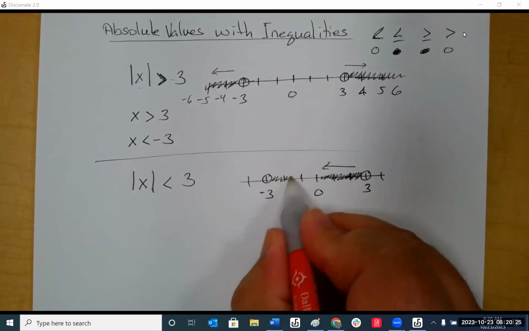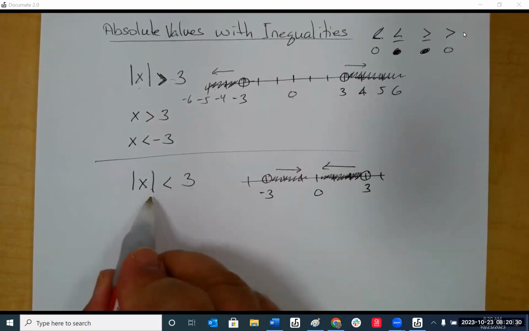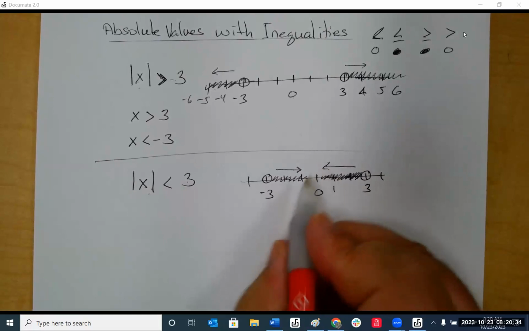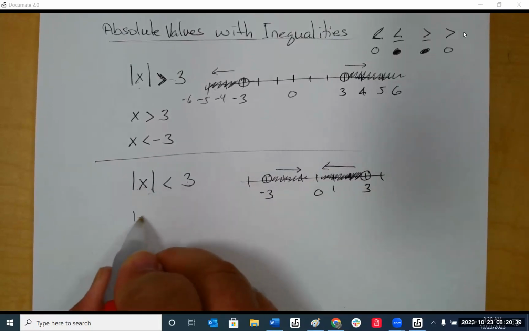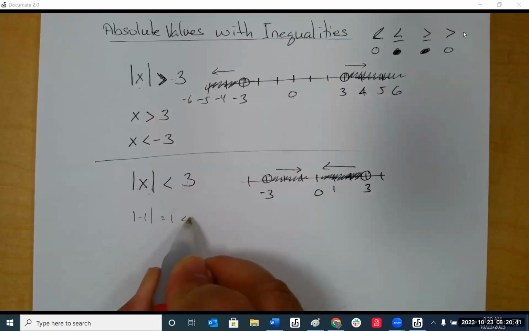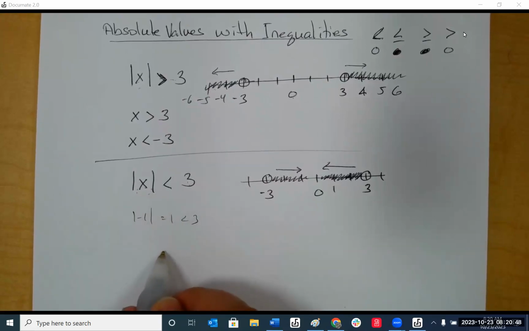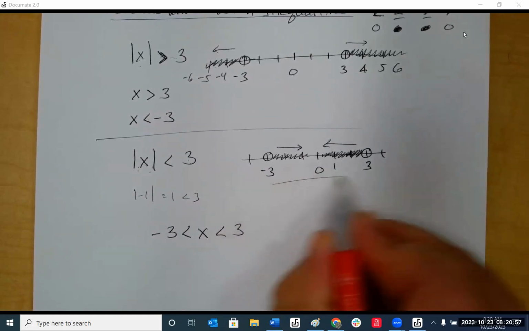That means it has to go towards 0 from the other side also. Give me a number that's smaller than 3: 1. If I put -1 in there, the absolute value of -1 is 1, and that's less than 3. So if it's less than, what that means is that it's bigger than the negative number, but it's less than the positive number. It's between there.